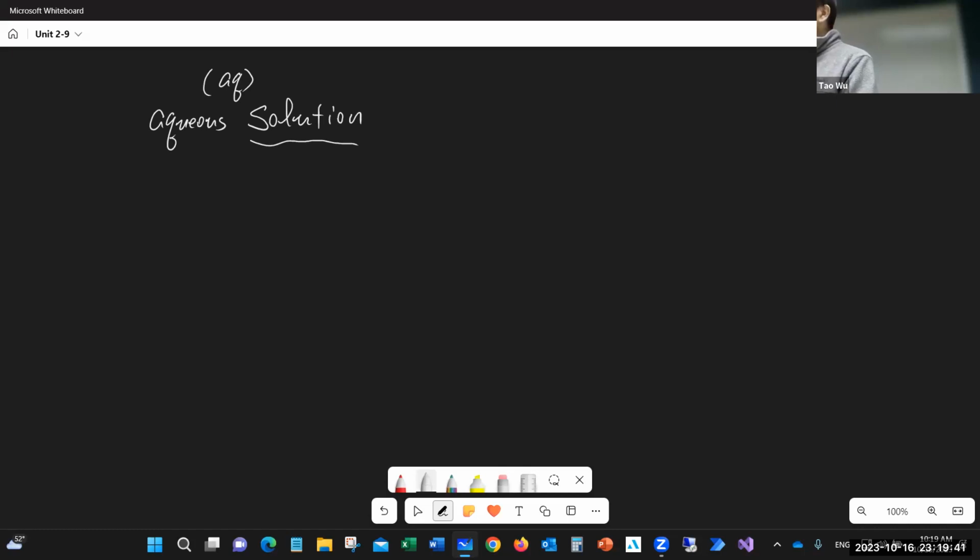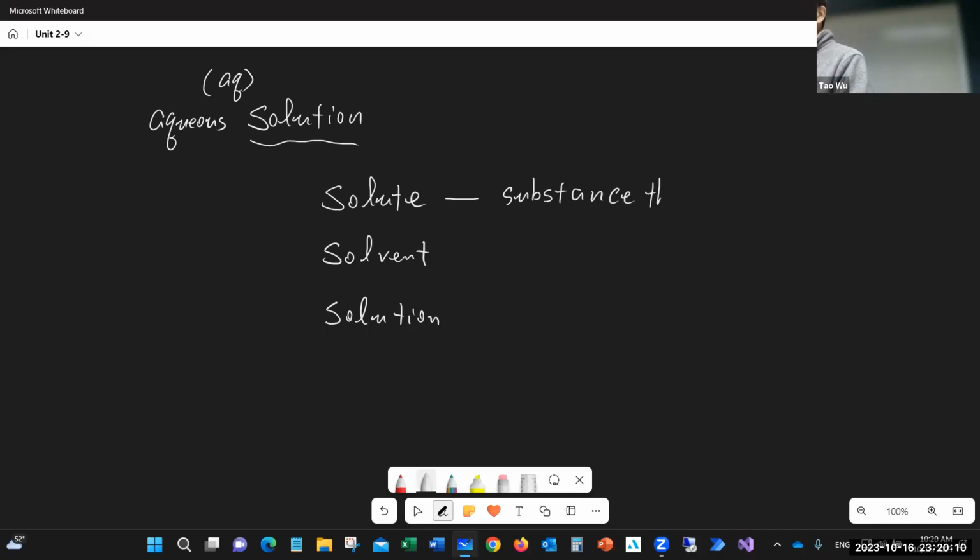So when we talk about a solution, generally it involves three concepts. One is called a solute. One is called a solvent. The other one is called a solution. So the solute is the one that dissolves in the water. It's a substance that is dissolved in the water.